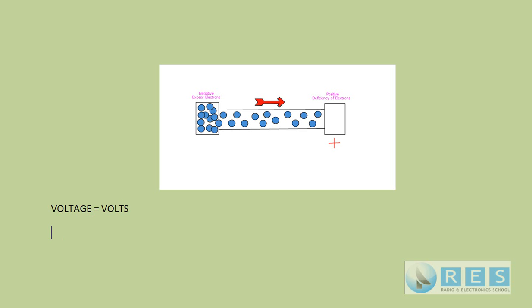The flow of electrons from the negative to the positive is called current, electric current, and it's measured in amperes. And amperes is often just abbreviated amps. And the resistance that the material has to the flow of electrons is called resistance, and it's measured in ohms. And we'll be talking more about that soon.